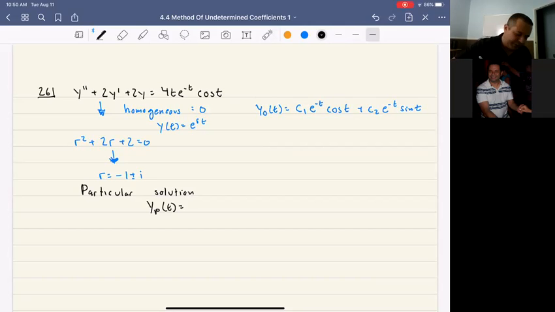So it's going to be t to the 1, times, now we have to have all the forms, so we have this t here as well, so we're going to have (at plus b) e to the negative t cosine t plus t(ct plus d) e to the negative t sine of t.